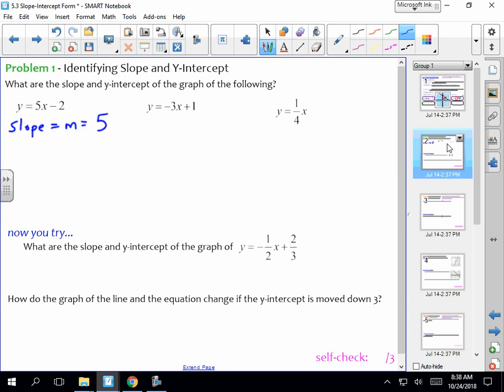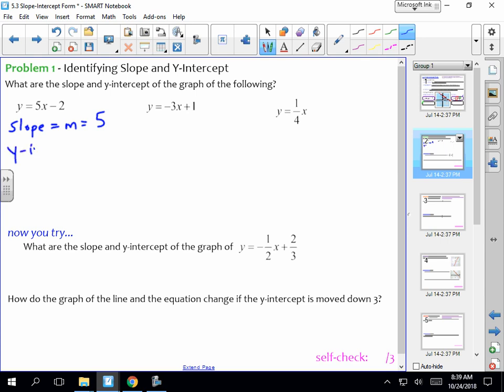We don't want to go from the y-intercept and go up 5 and then stop. We need to also go right 1. So slope is 5. Some students will write it as 5 over 1, but it's okay to just write m equals 5. You just need to understand that there is an unwritten 1 underneath that 5. And that will be used when we graph it.